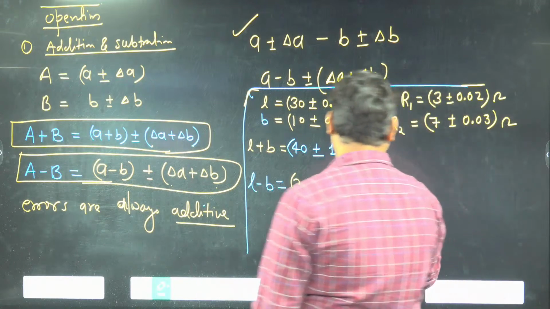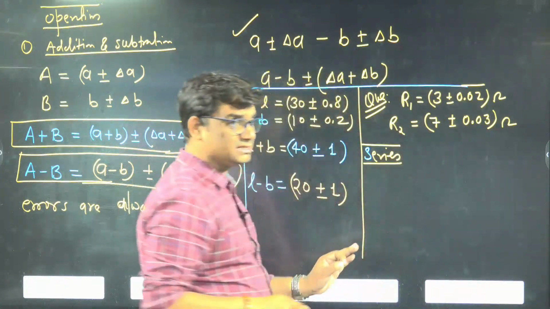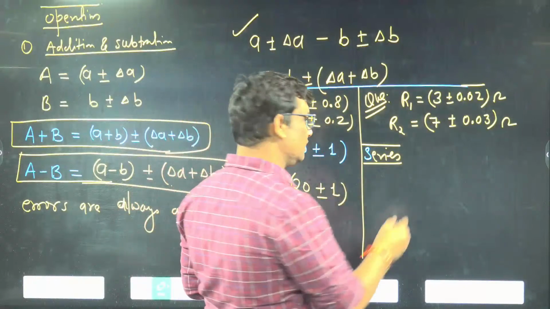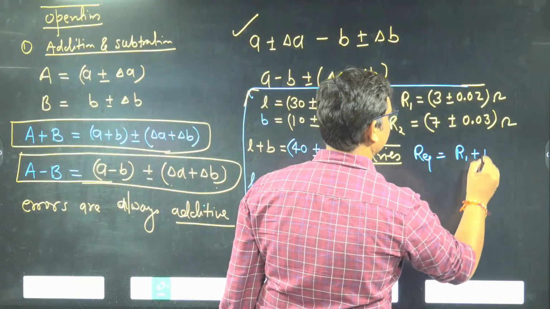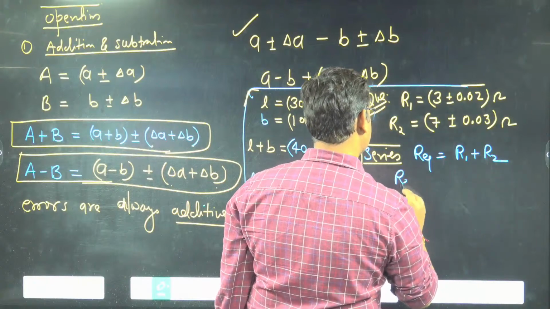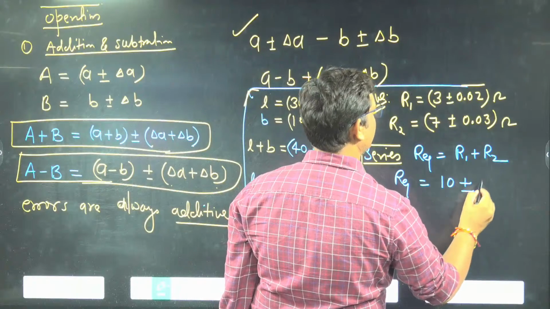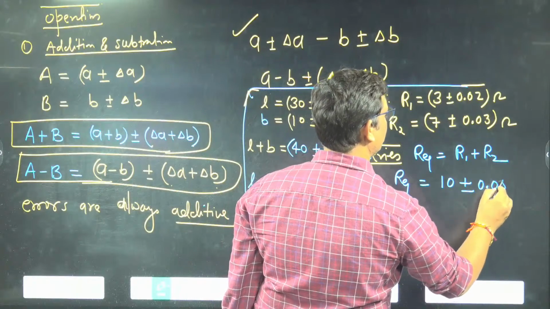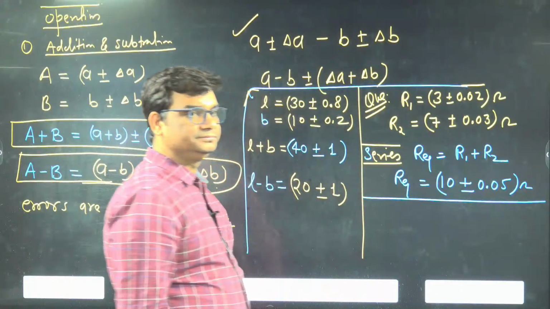If series resistance, right now I'm telling the question of series only. In the next class I will tell about parallel also. Since series, R equivalent will be R1 plus R2. So R equivalent is 7 plus 3, 10 plus minus 0.05 ohm. Is it clear?